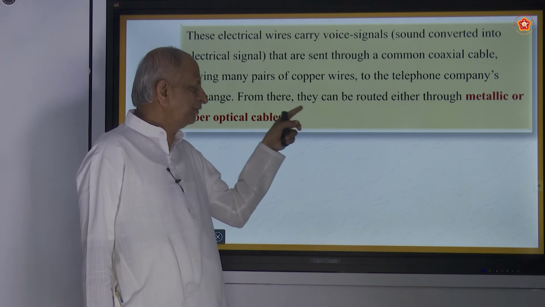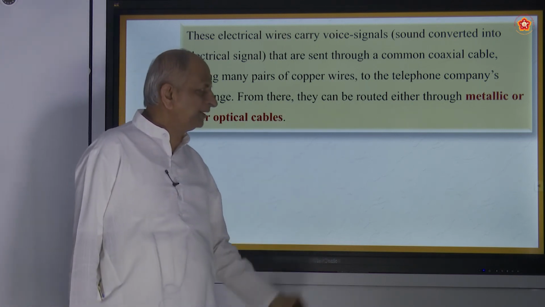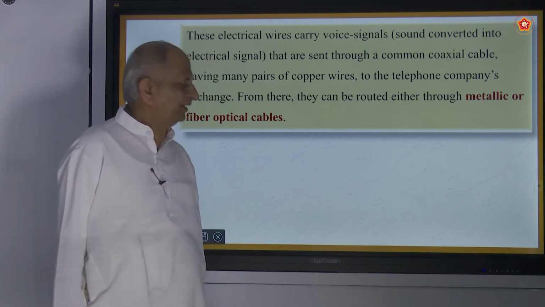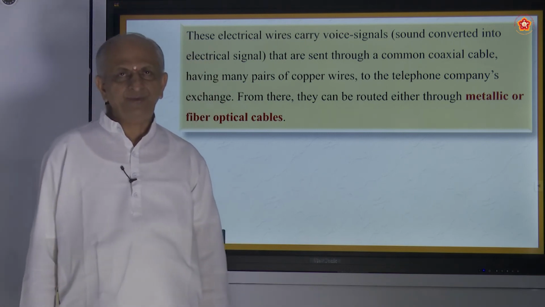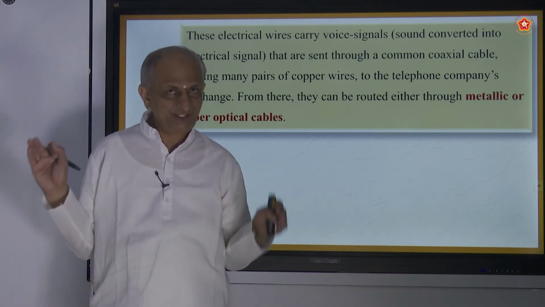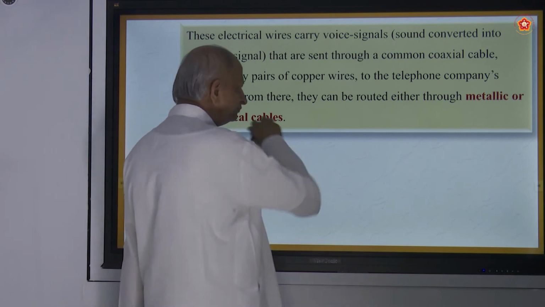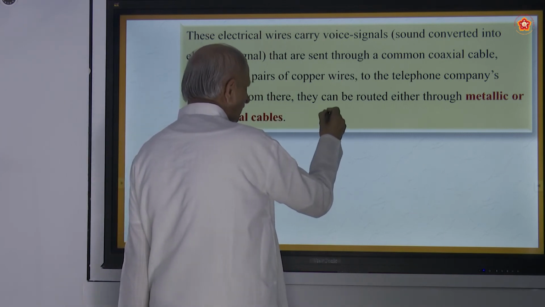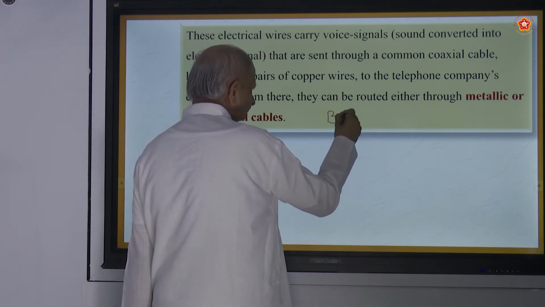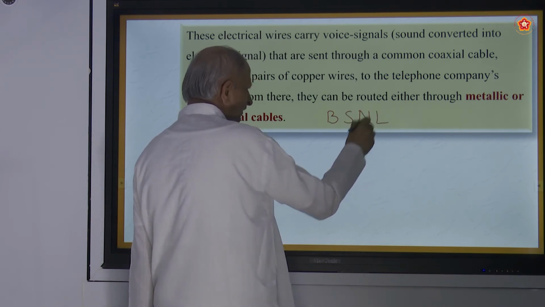From there they can be routed either through metallic or fiber optical cables. For every town or city there will be one exchange, a telephone exchange office. Have you seen it? For example, BSNL, one of the famous companies about which I will tell you later.